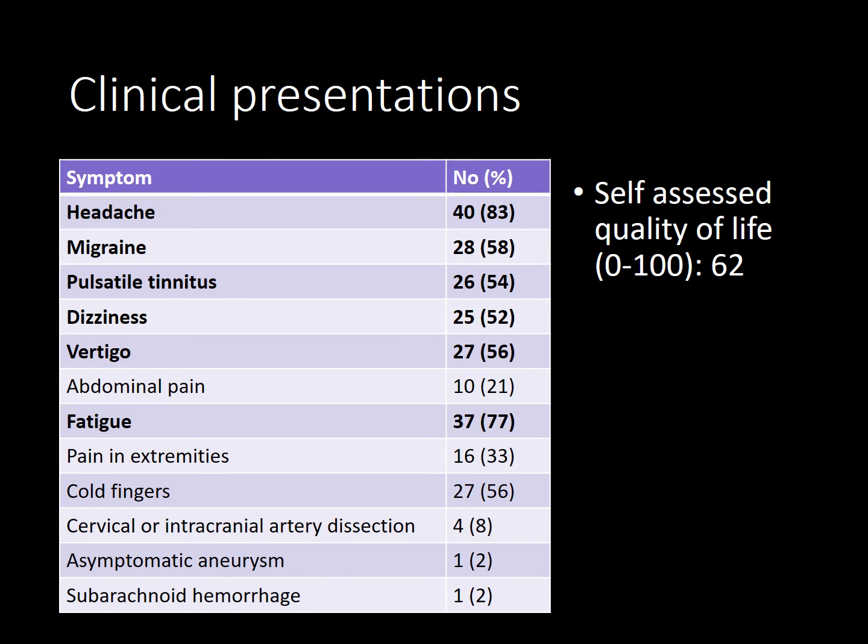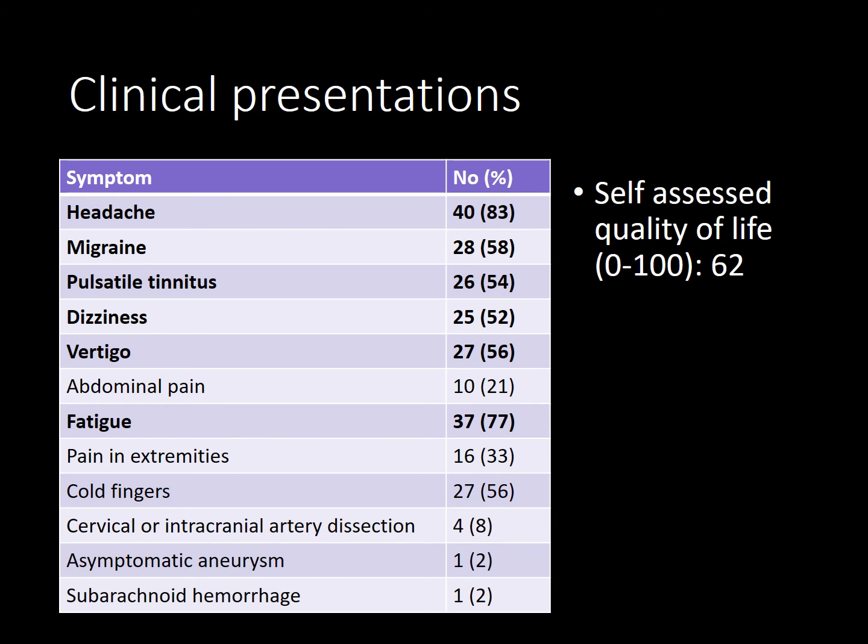So if we look at the clinical presentation, we see that headache was quite frequent. About 83% of patients presented with headache, and more than half of them had migraine headache. Pulsatile tinnitus was present in more than half of the patients, as well as dizziness and vertigo.